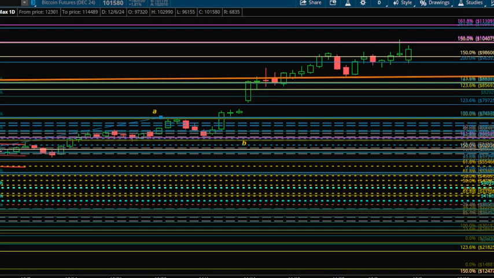Yeah, so it broke through the 200% fib. Okay, so again, you can barely see it, but the 261.8 is right at the 110,000 mark. So that's looking like a pretty good target.